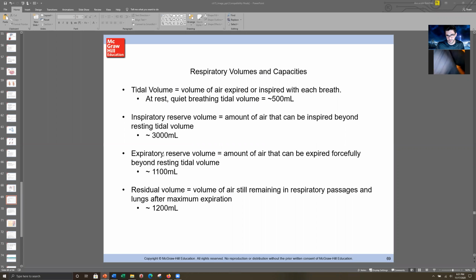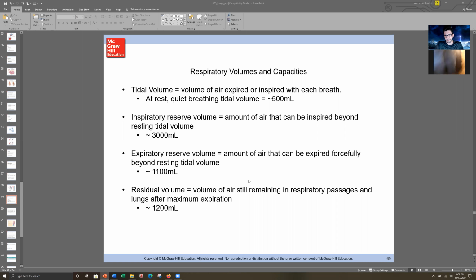Inspiratory reserve volume is the amount of air that can be inspired beyond resting tidal volume, and this is approximately 3,000 milliliters. So if you just inhale normally, but you can inhale roughly 6 times that volume.